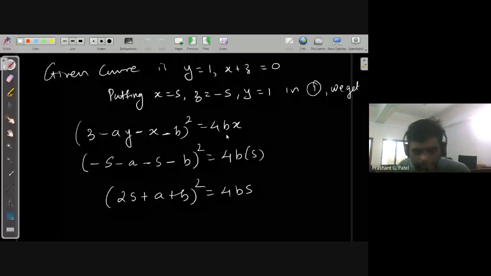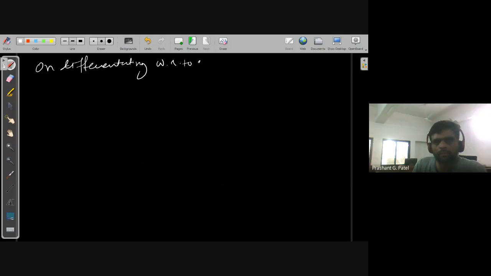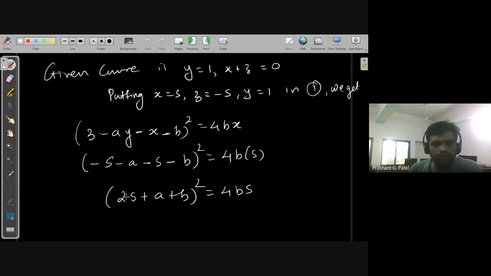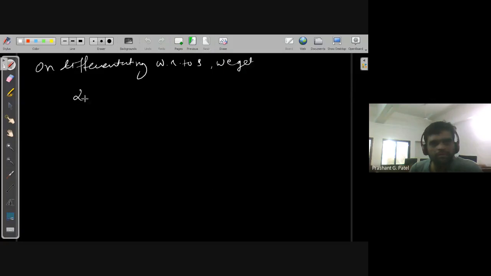So what we got here on differentiating with respect to S, this quantity. What we have is 2 times (2S plus A plus B).